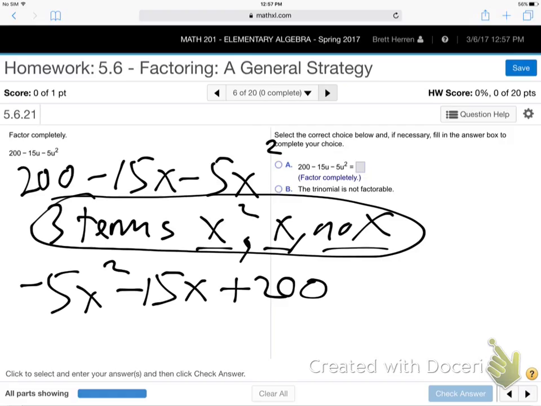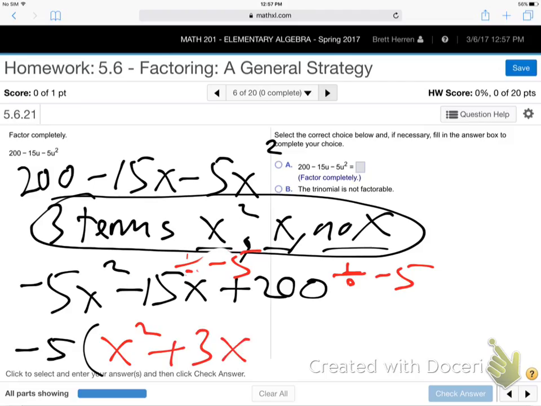So minus 5 in the front, and you're going to divide them all by minus 5. Divide by minus 5, so it'd be x squared plus 3x minus 40.